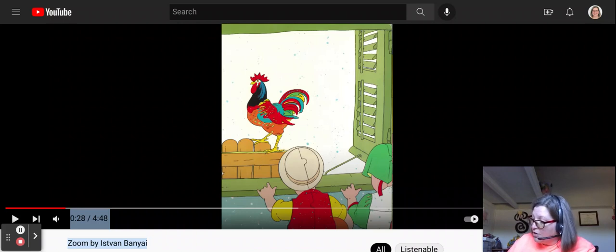Okay, now our inference changed. What we know and our perspective of what is going on in the picture has changed. So we think that there are children looking at the animals on a farm.